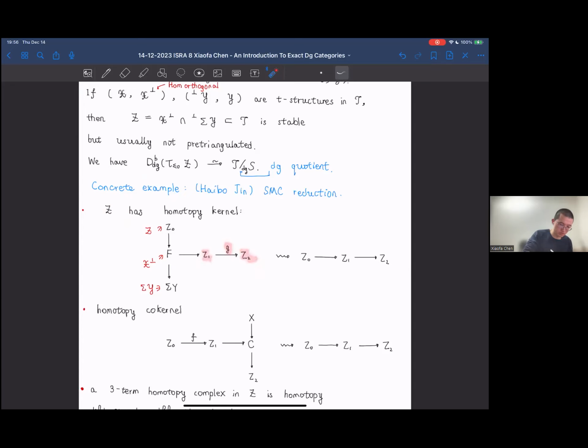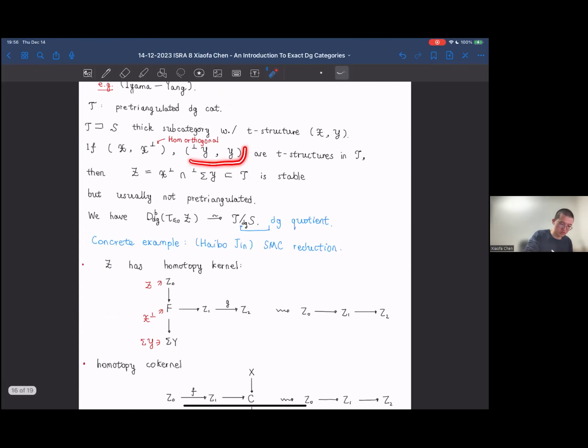Then we take this triangle in T. And because we have this T-structure in T, we have this triangle in T, where this object lives in the shift of Y. And this object, we can check that it now lives in Z.